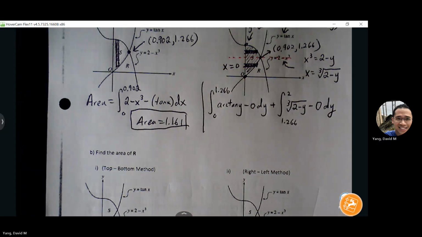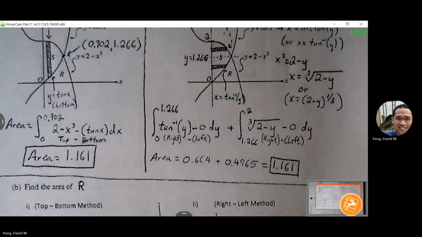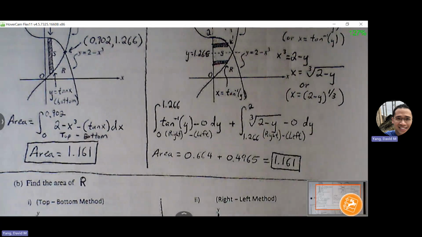So it'll always look like that setup. And then for functions, it'll always be y. Okay, enter in your calculator, and we should get the same area. I got 0.664 plus 0.4965, which adds up to be the same area of 1.16.